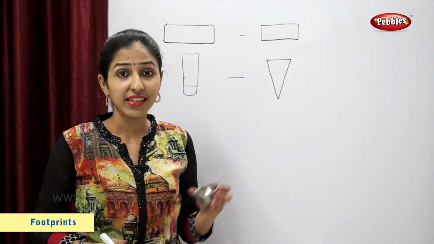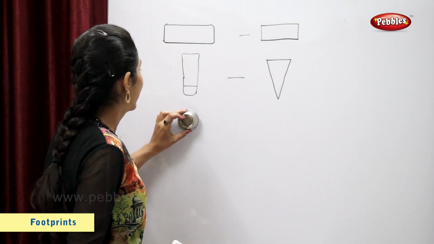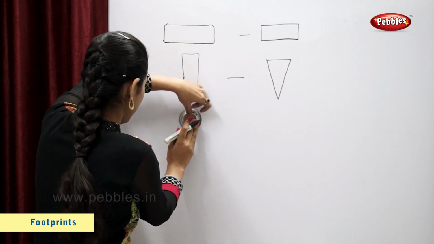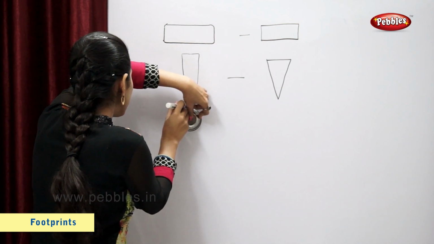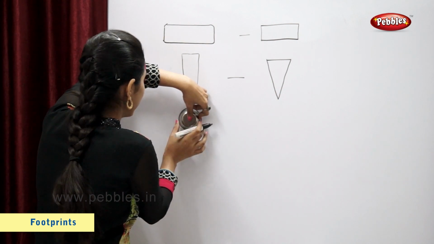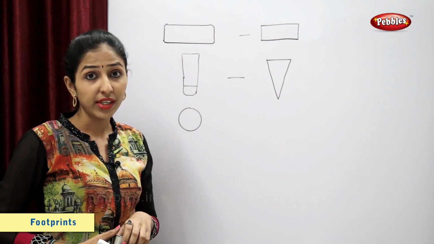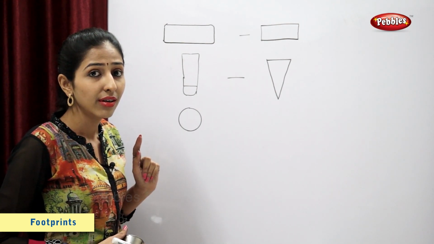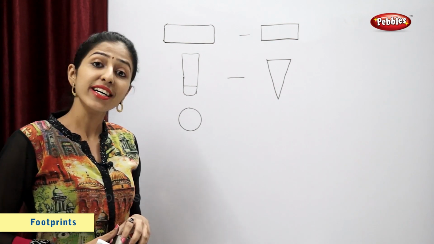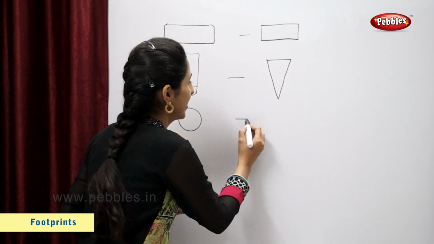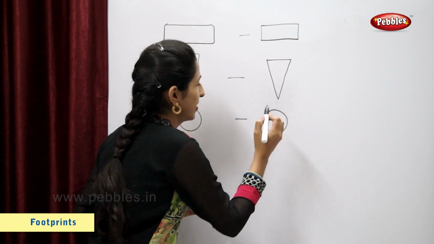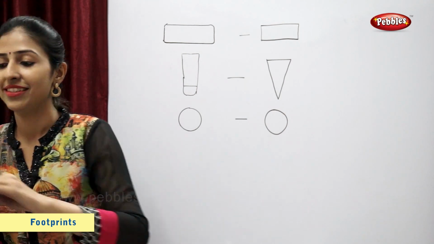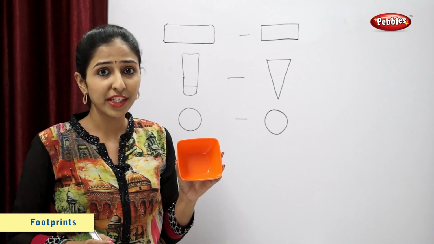Now, let's trace this bowl. Students, you tell me, we can relate this bowl to? Correct, a circle. Let's take one more object.